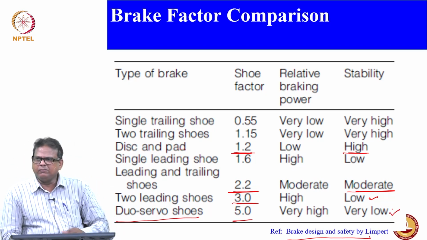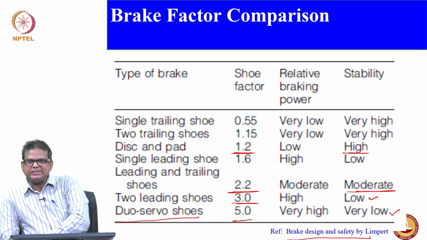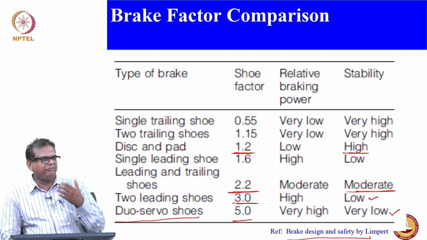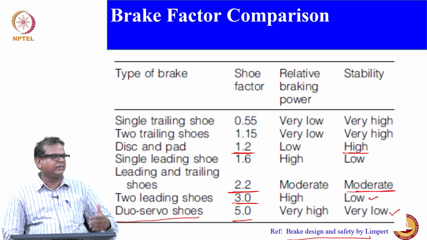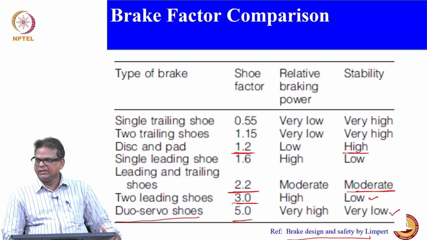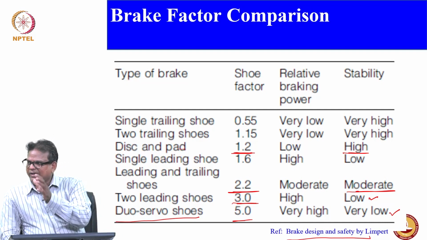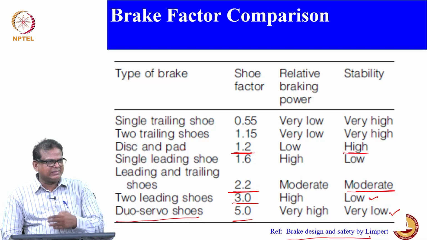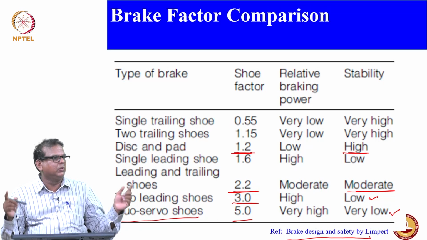Okay. Now, do you know the reason why the drum brakes are fitted at the rear and the disc brakes are fitted at the front? Remember, in one of the dynamic analyses we recommended that we always design the brake system for front axle lock first.